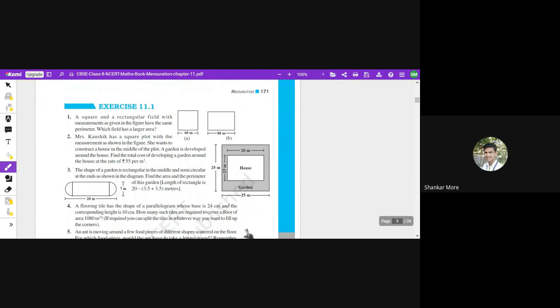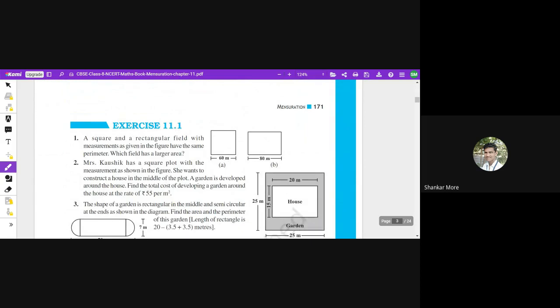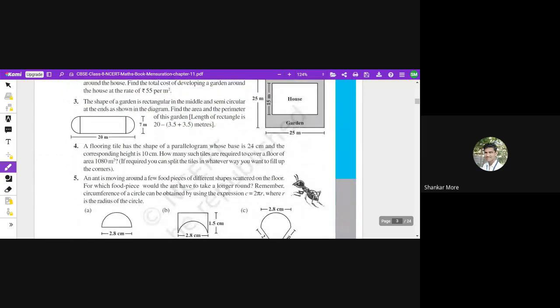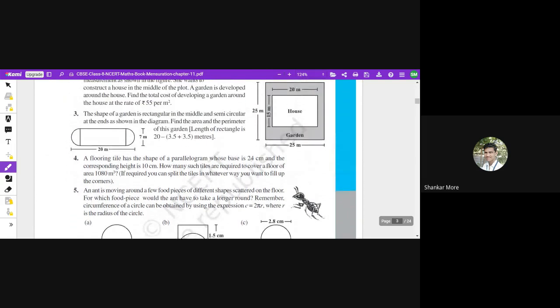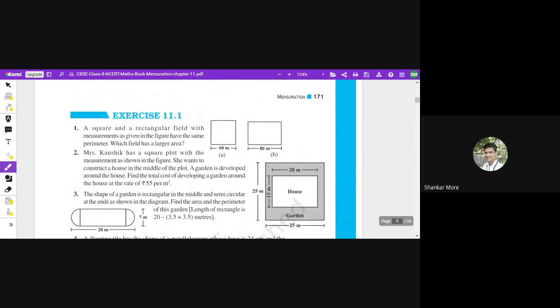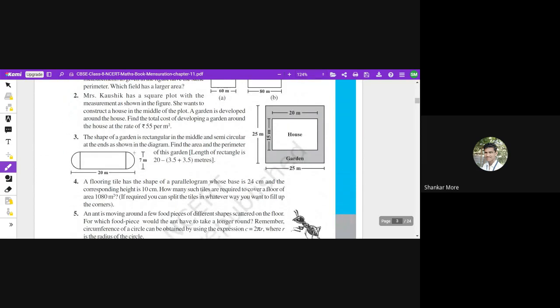Now we have exercise, and in this exercise, I think there are very basic questions out there, right? So we will not take basic questions, but we'll try to take some questions that are a bit difficult. Okay, so let's take one of the 5. Which question should I take? Okay, let's take this one, third one.